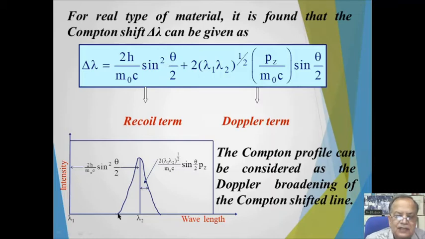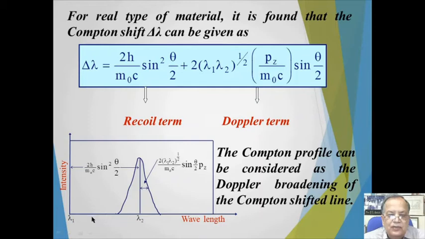Now if you consider the Compton profile, the Compton profile is basically the spectrum of the inelastically scattered photon. Here you see what has happened. You have inelastic scattering, of course you have considered the binding energy of the electron. So the incident photon has to overcome the binding energy of the electron, and conservation of energy dictates that you have an inelastic scattering type situation.